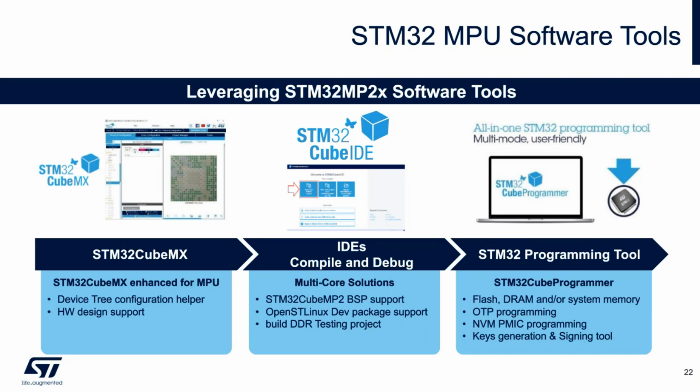You can build the firmware for this microcontroller using CubeIDE. Moreover, just another point, remember that in this product, in MP2, the Cortex-M can boot the system. You can create the firmware for booting the system using CubeIDE.